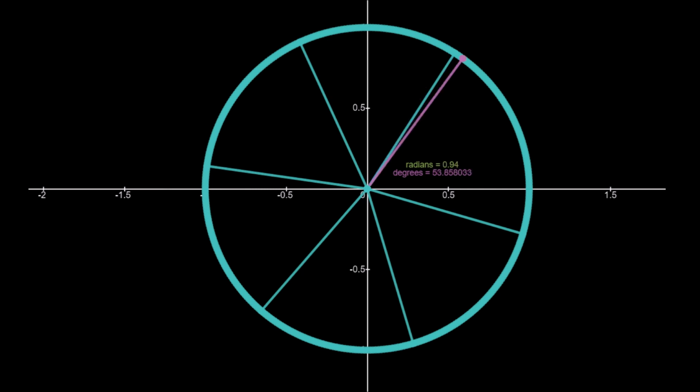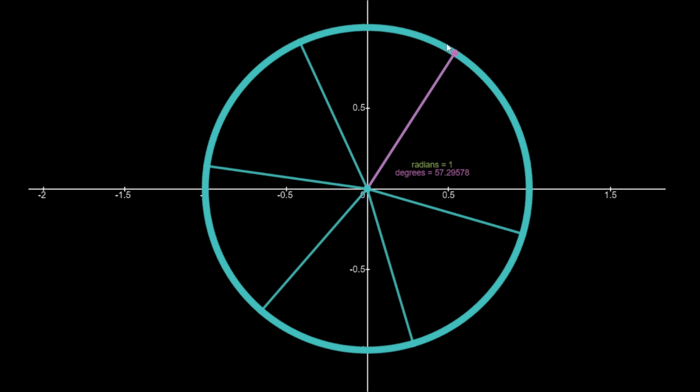So that is going to sit right over the top of that blue line whenever we've got a value of 1 radian. So 1 radian is equivalent to 57.29578 degrees, or approximately 57.3 degrees. So that's another thing to note: 1 radian is equal to 57.3 degrees.